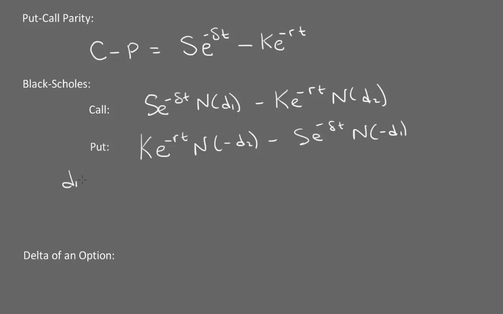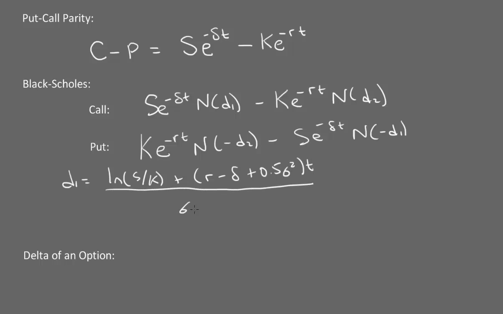Now d1 is simply ln of S over K plus r minus delta plus 0.5 sigma squared t, all over sigma root t. Now d2 is equal to d1 minus sigma root t.